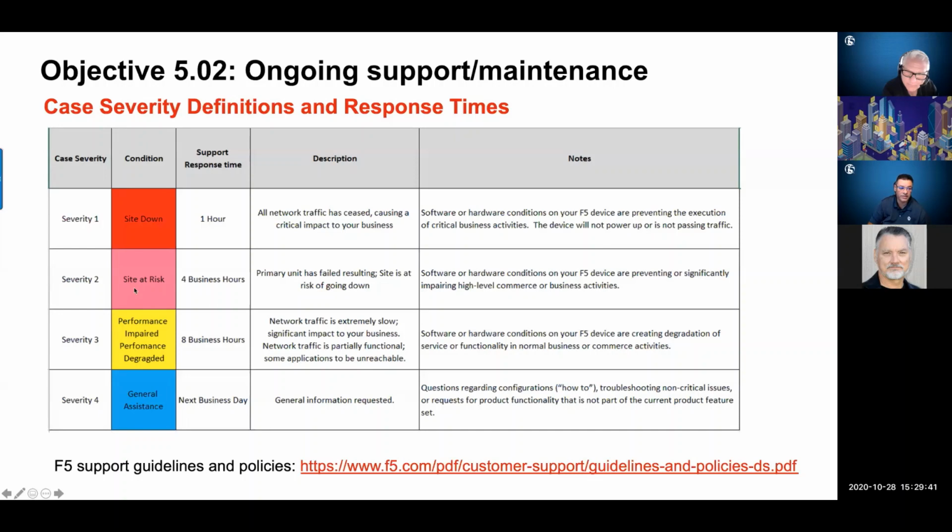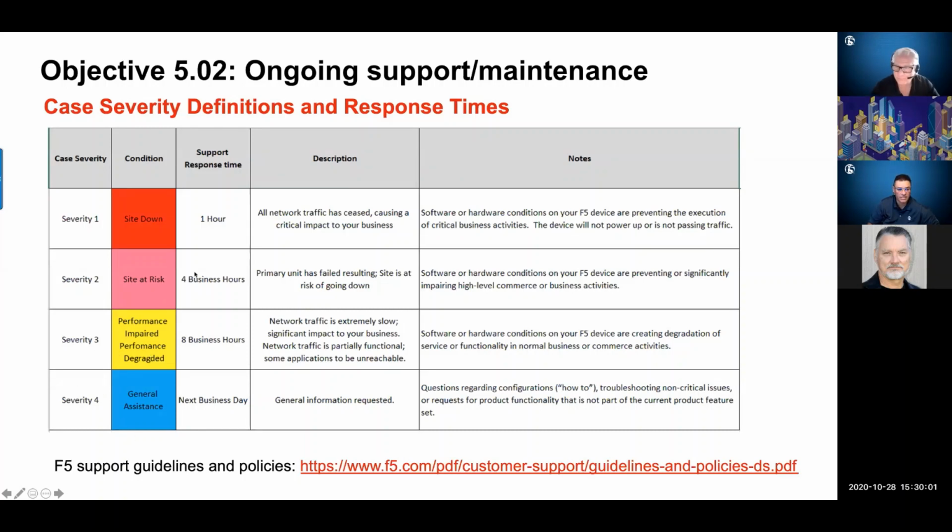If you have a severity 2, site at risk, meaning maybe you have 2 F5s, one went down, and you're running on 1 F5, but you're still running in full production, everything's fine, that could be a severity 2. They're going to work with you, and if it's an RMA, they'll try to RMA the product. But if you're just calling for basic questions or general assistance, there are different severity levels for that.